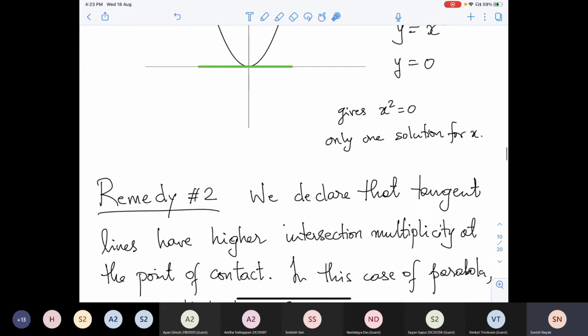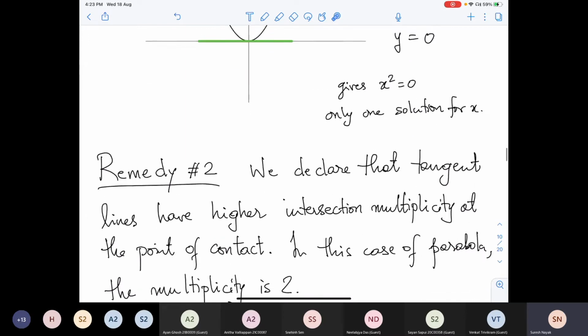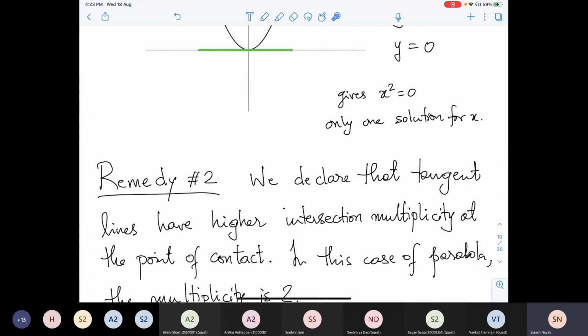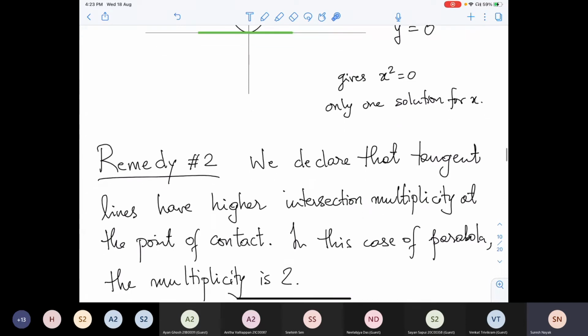There is no real resolution of this matter except for declaring that, this being a tangent line, there is a higher intersection multiplicity at the point of contact. So the intersection number at this point of contact is not 1. You have to introduce an extra number here, and in this case of the parabola, we will declare the multiplicity to be 2.